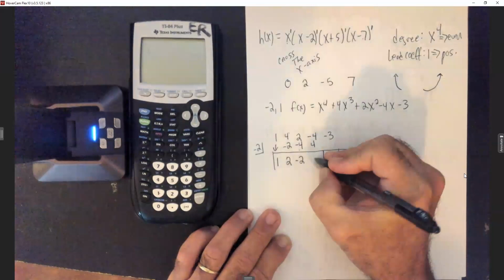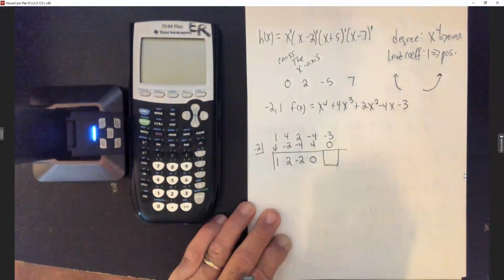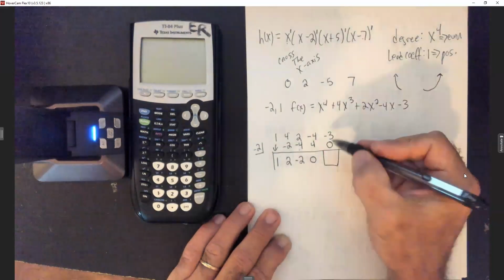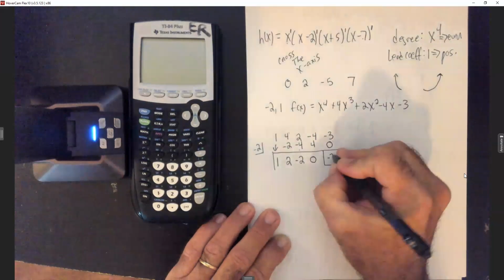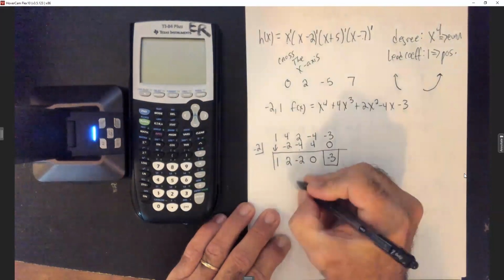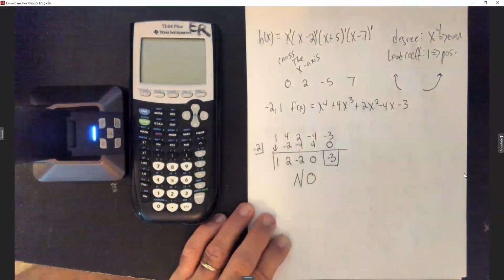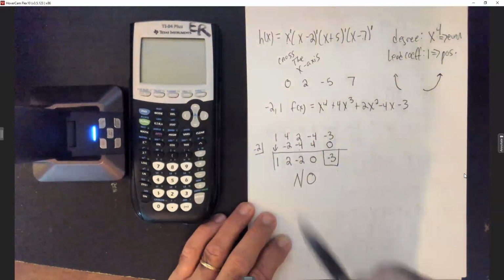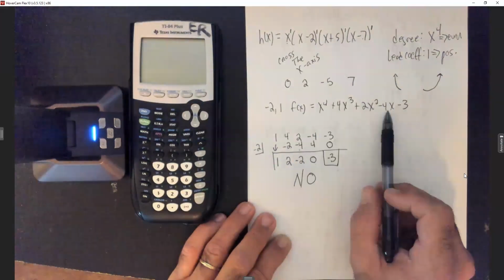Then you repeat the process. 0 times -2 is 0, which y'all be careful. -3 plus 0 is a -3, which means this answer is no. -2 is not a 0. So that means if I put -2 in for that equation, it's not going to equal 0.